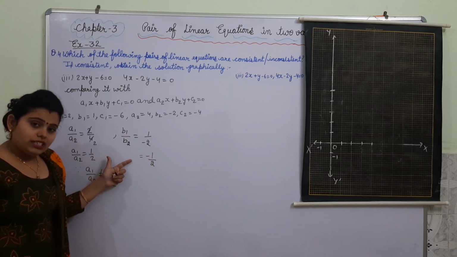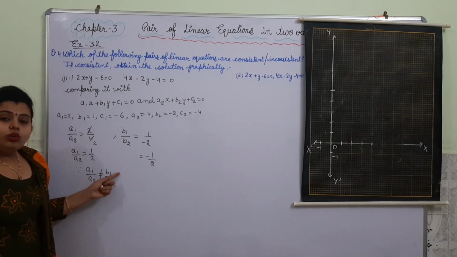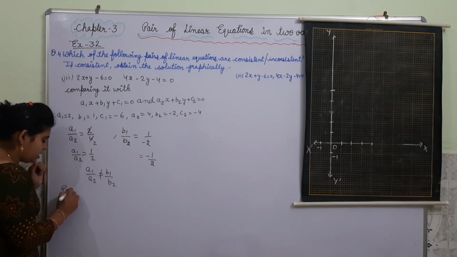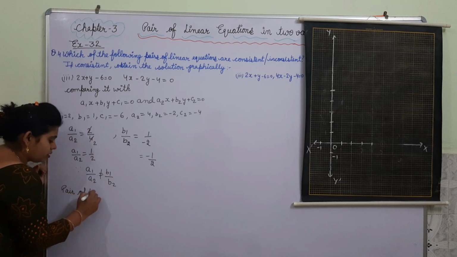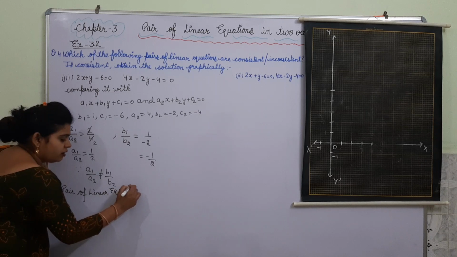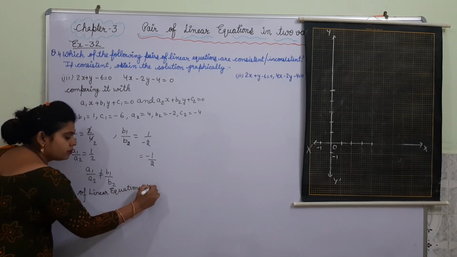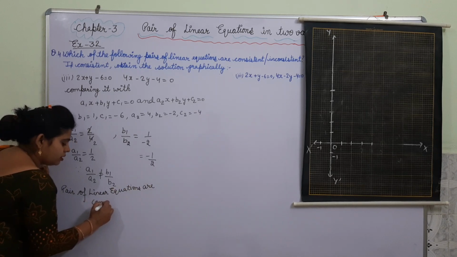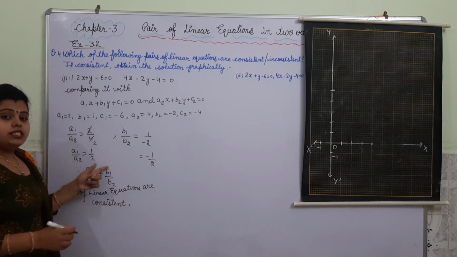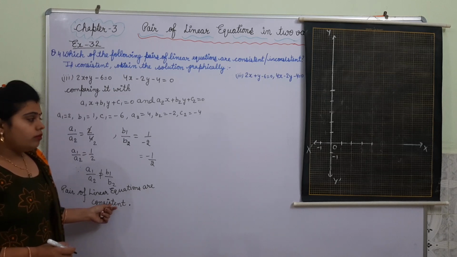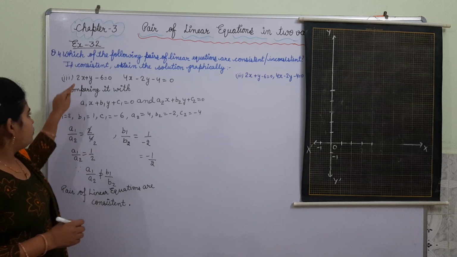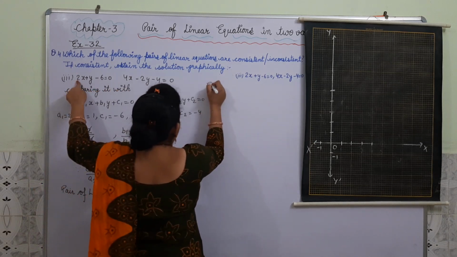One is positive, one is negative. So a1 by a2 is not equal to b1 by b2. It means the pair of linear equations is consistent. And if these equations are consistent, we will form the graph, or we will find the solutions graphically. How can we find them? Taking the first equation first.